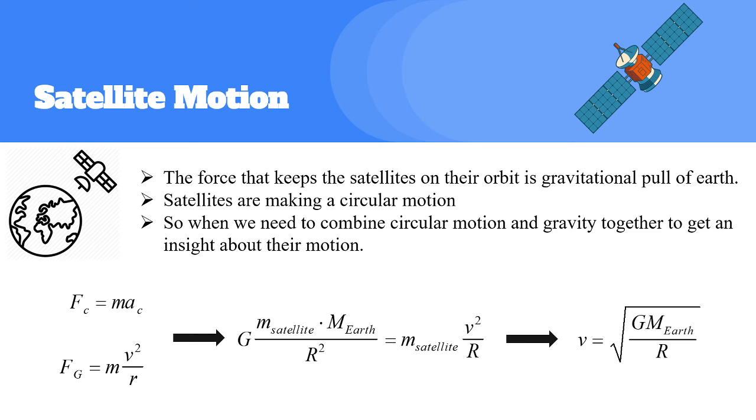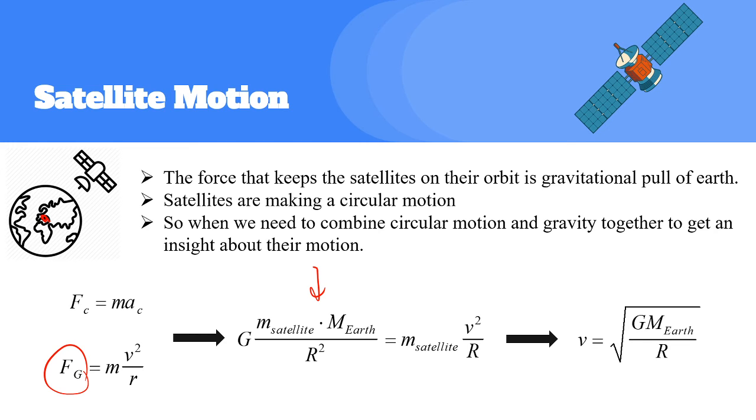All right, satellite motion. Satellites also have a circular motion, and the force that is keeping them in their circular orbit in this case is that true nature of the force again, two masses. So we have Earth and the satellite, but they are having a circular motion. Then what are we going to have? We're going to combine that gravitational force and the circular motion. And the force that we have is G, m satellite, m Earth, divided by radius squared.